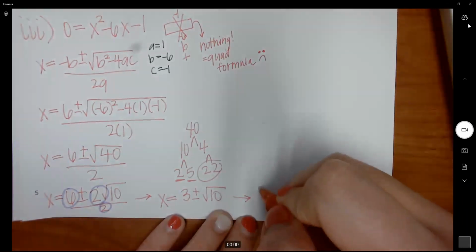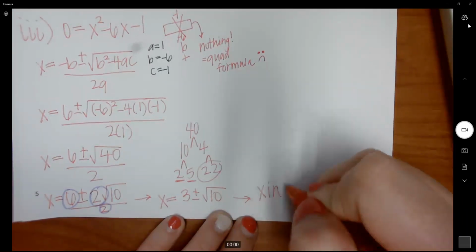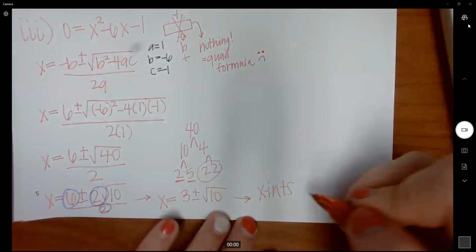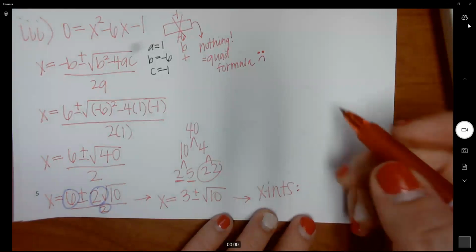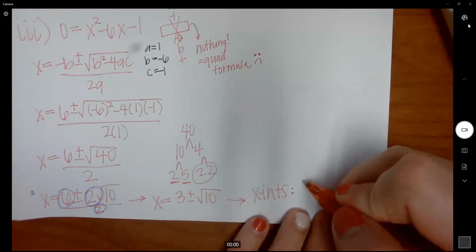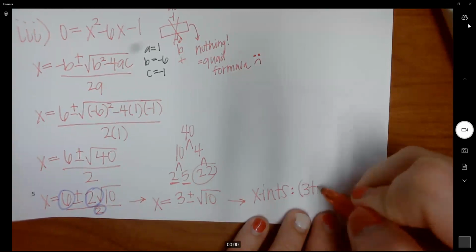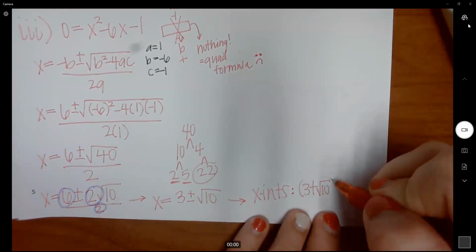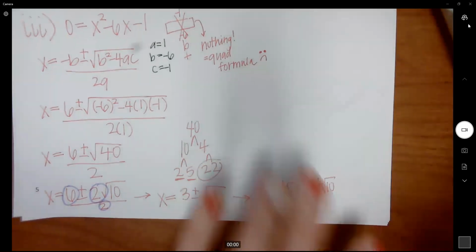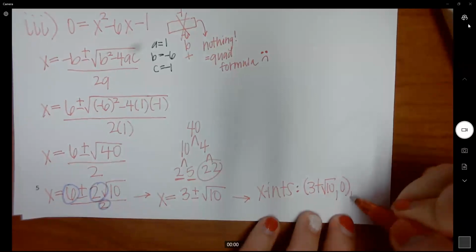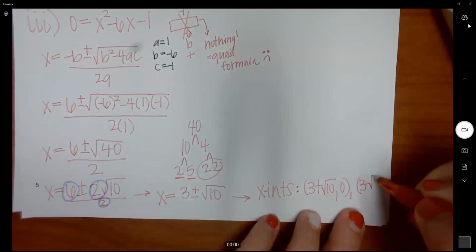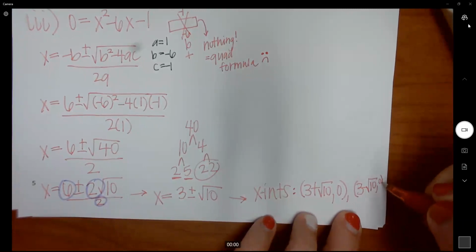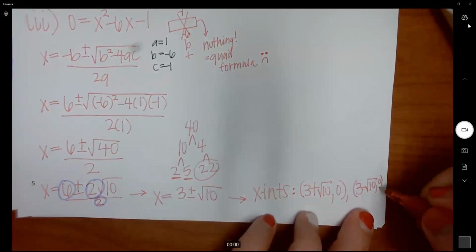So this means that my x-intercepts are 3 plus the square root of 10, comma 0, and 3 minus the square root of 10, comma 0.